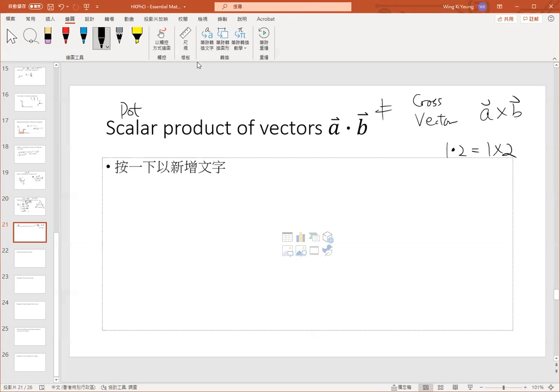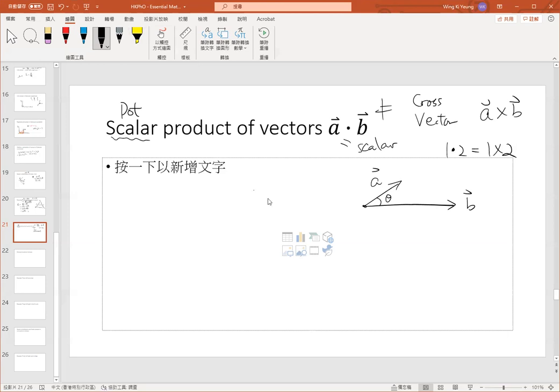So for scalar product, it gives you a scalar. That means A dot B will give you a scalar. And then the magnitude of this scalar is... let me draw the vectors A and B first. This is the inclined angle theta between these two vectors.